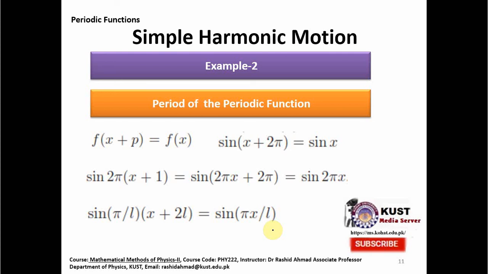What we want to do is to represent this periodic motion with the help of periodic functions, and we have discovered that the best way is to use trigonometric functions, that is sine or cos. In future lectures, we will use these sine and cosine functions to represent the periodic motion of physical systems.